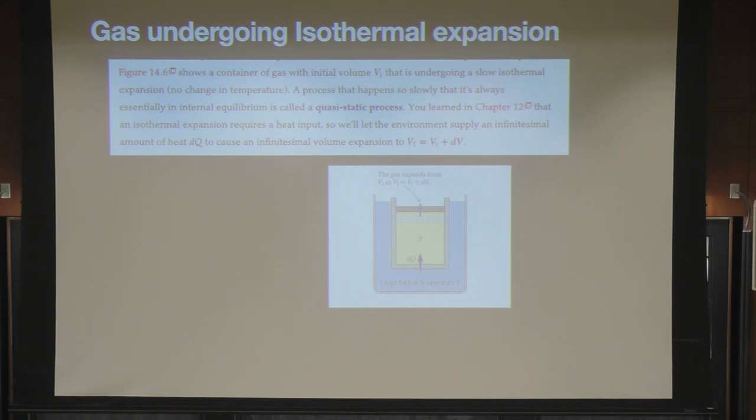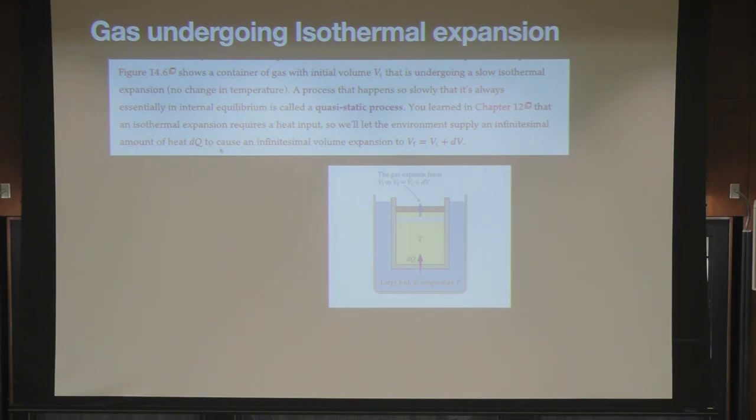So this gas with initial volume V_i is undergoing a slow, constant temperature, one temperature here, so it's isothermal expansion. And this process happens so slowly that it's essentially in internal equilibrium, and it's a quasi-static process. And there's an isothermal expansion that requires a heat input, so we'll let the environment supply an infinitesimal amount of heat dQ.